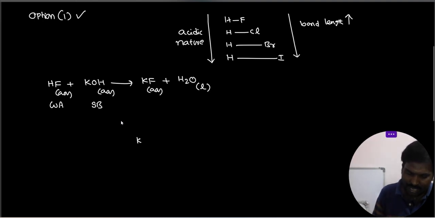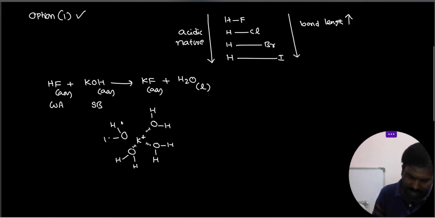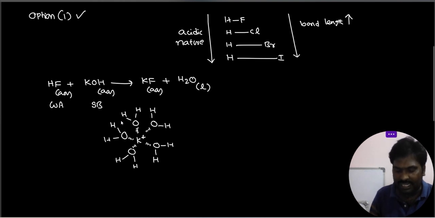Here actually the K plus ion is stabilized by a greater number of water molecules. So stabilization gained by surrounding water molecules means heat energy is released. That released energy is called hydration enthalpy.